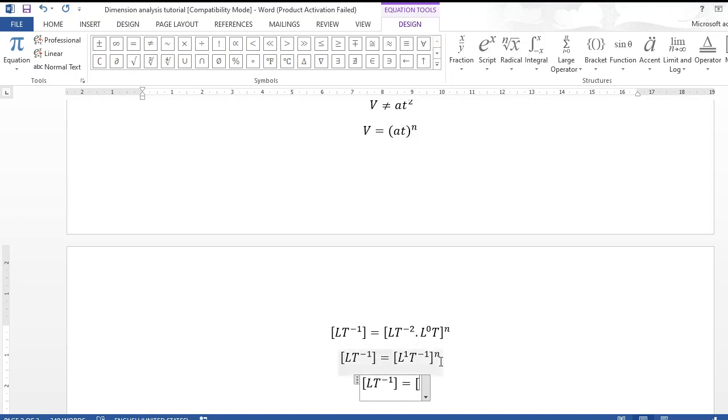If you multiply the powers, n times 1, you get L to the power n. That's the rule. When a power is raised to another power, you multiply the powers. Then have t raised to the power negative 1. That negative 1 times n, you have t raised to the power negative n.